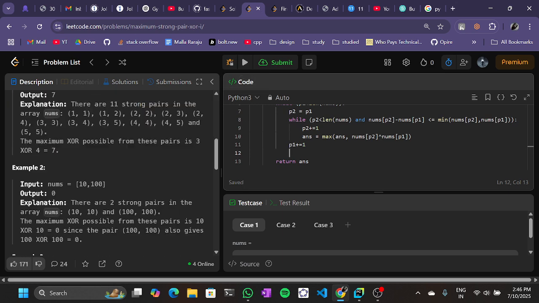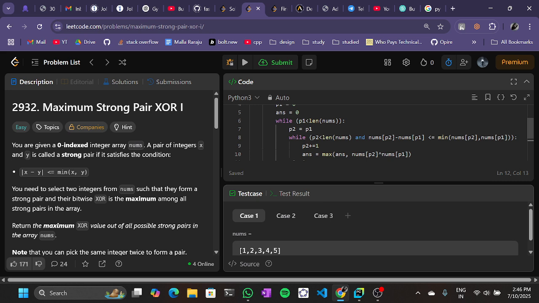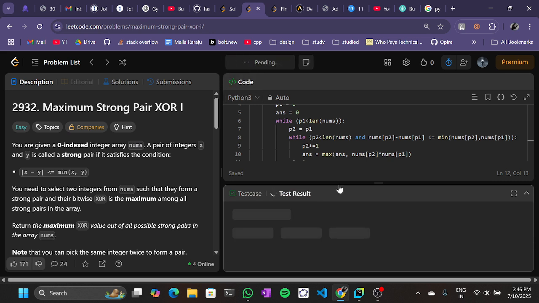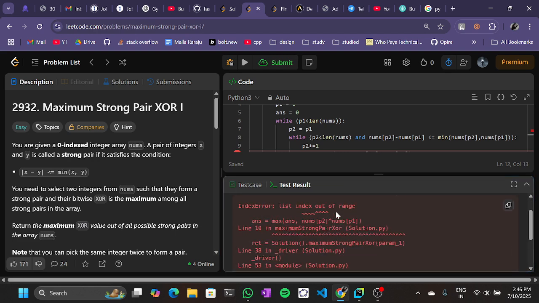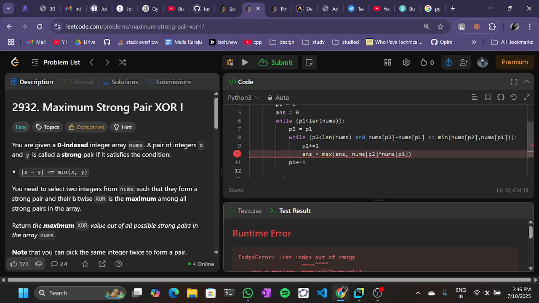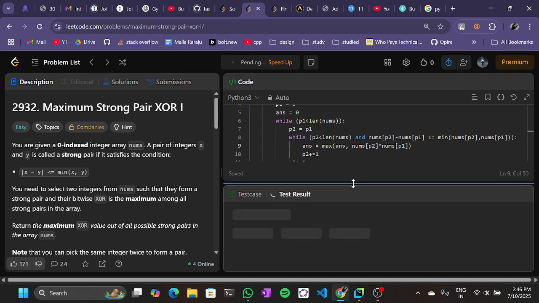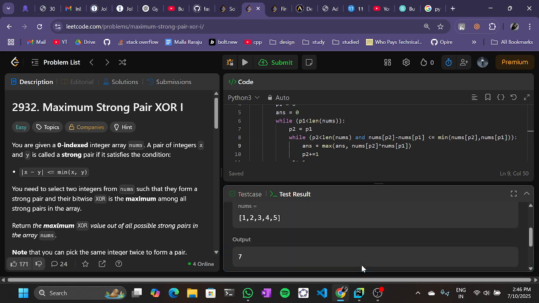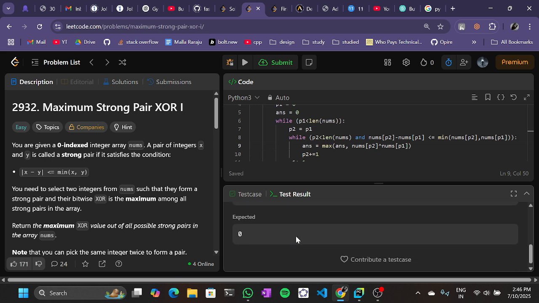Let's run check, and after completing the problem we will be discussing what the intuition is, what we are trying to do, and all the other stuff. Seems like it's working fine.